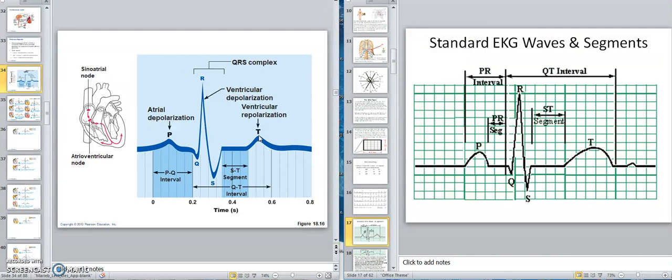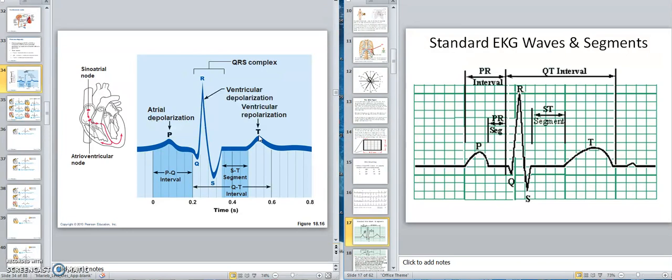A question often comes: well, where is atrial repolarization? Now let's think about this. You're looking at a fire, but you have a small house in front of a big house, and you're at a distance. Because the big house is so massive, the fire at the small house is obscured because you can only see the big house.